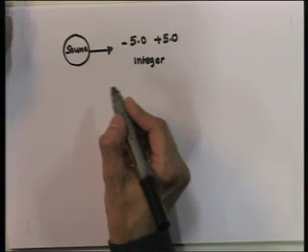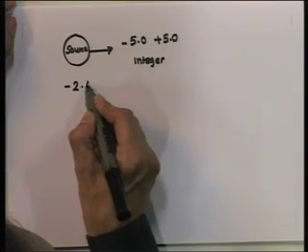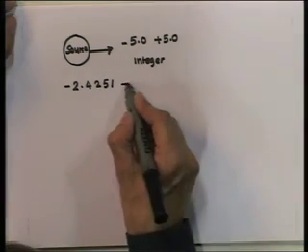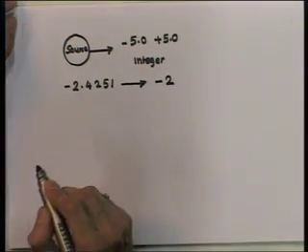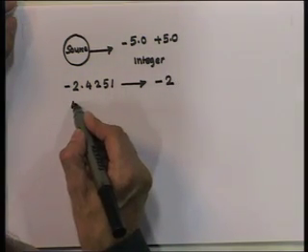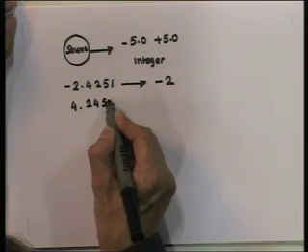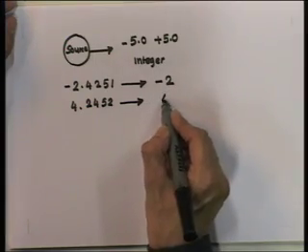For example, if the source output is -2.4251, we would represent it as -2, and if the source output is 4.2452, we would represent it as 4.